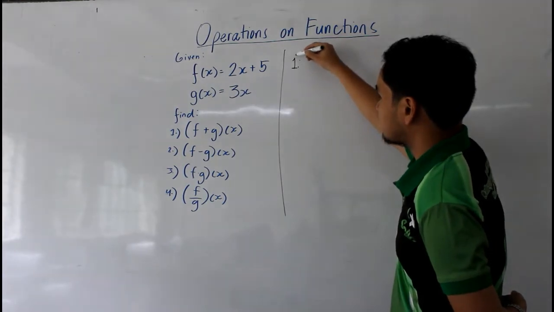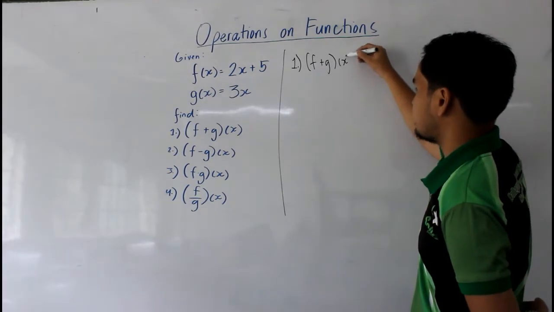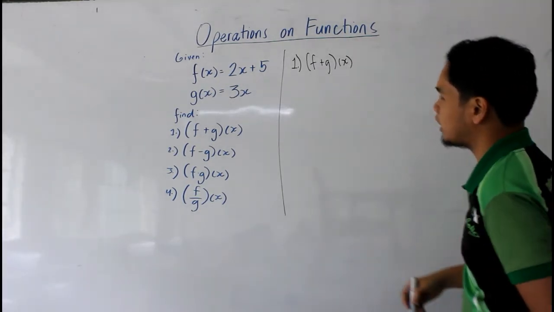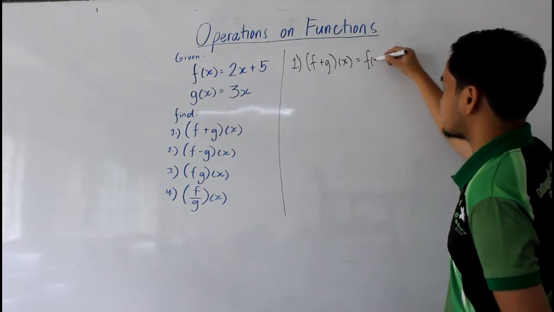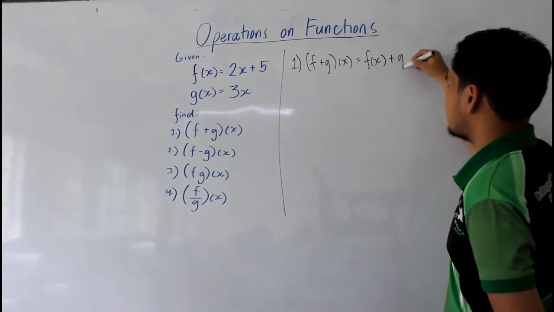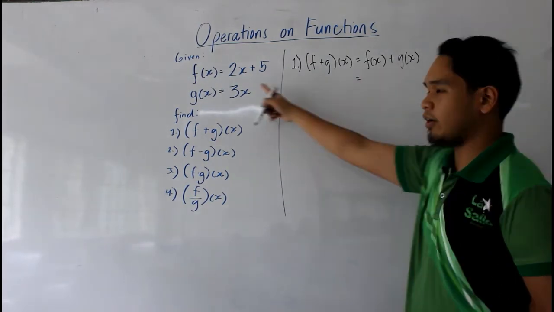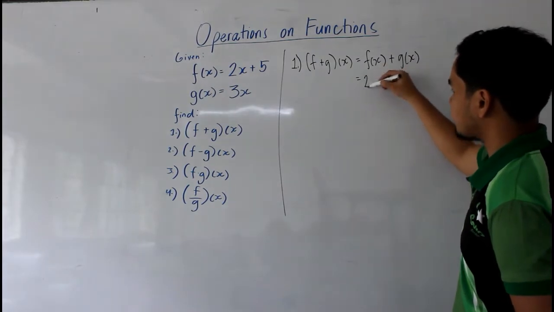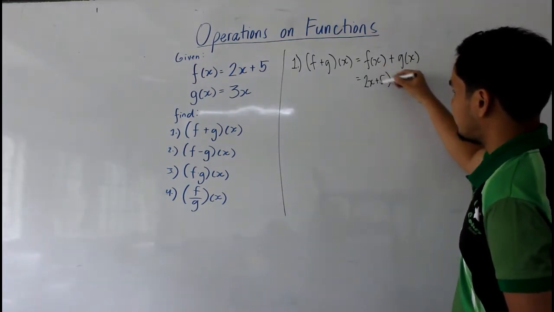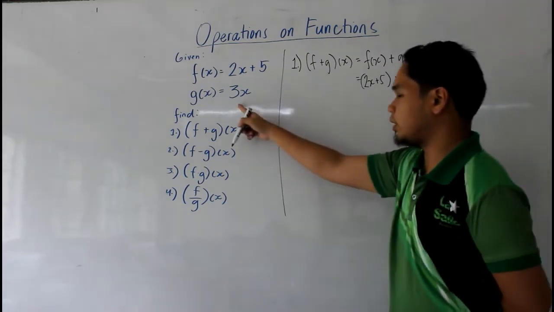Number 1. What is f plus g of x? Going back to the formula that we have shown before, this simply states f of x plus g of x. So what I'm going to do is just copy or substitute the value of f of x here and the value of g of x over there. This will give us 2x plus 5, this is our f of x, plus then we're going to put the 3x over here.